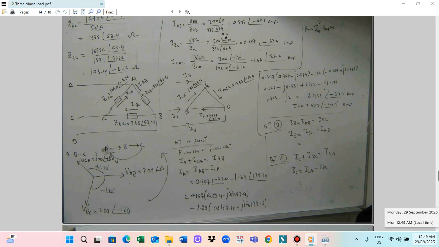The line currents IA, IB and IC are flowing in. So like that, IA, IB, IC are like that.